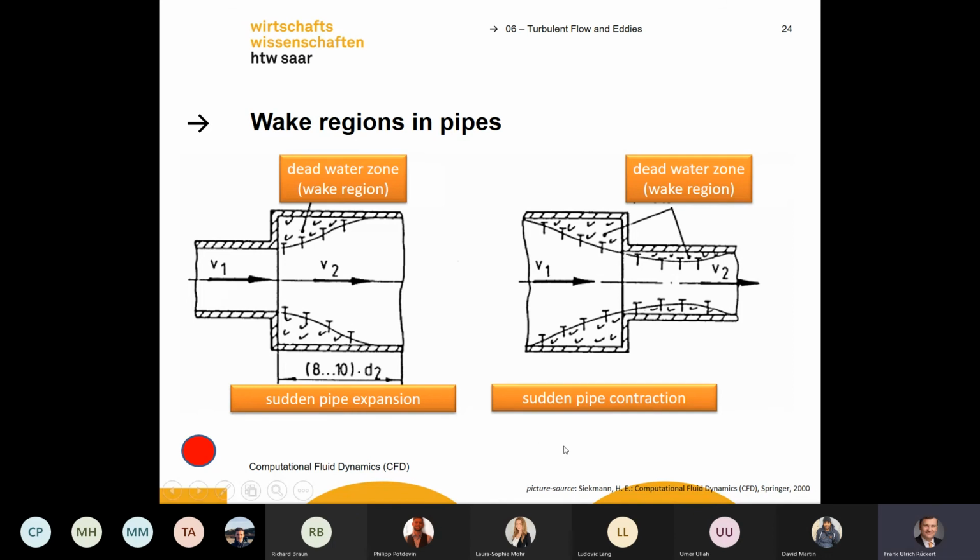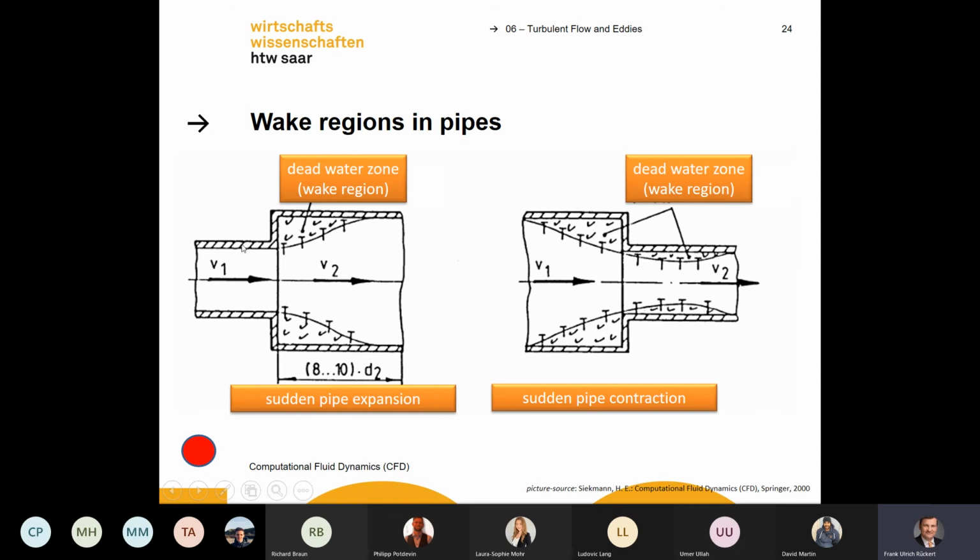Another example of wake regions is shown here in pipes. If we have a pipe and the pipe gets wider, then we will also have wake regions in these edges. Or we can have wake regions here. If you look clearly at this pipe, you see it looks pretty much the same.